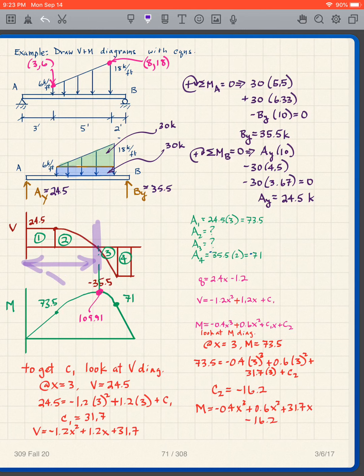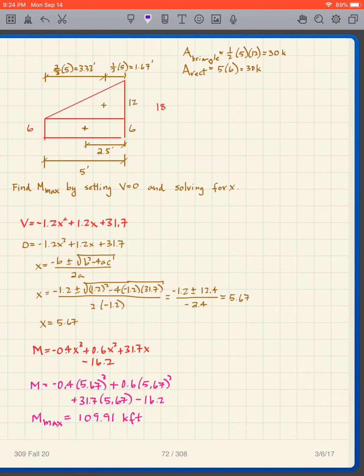So I look at my equation for V. I'm going to set V equal to 0, and I'm going to solve for x. You've done this a long time ago. So what do I have? Here's my V equation. I set it to 0, and what do I have?